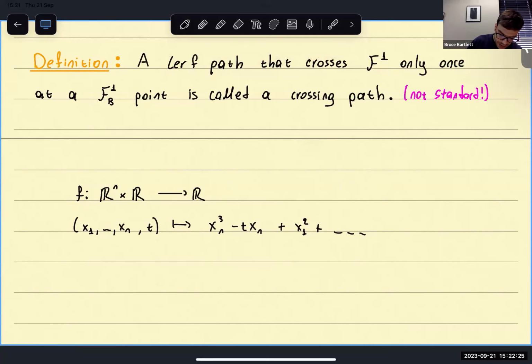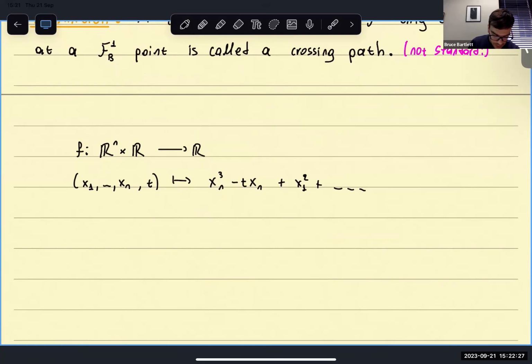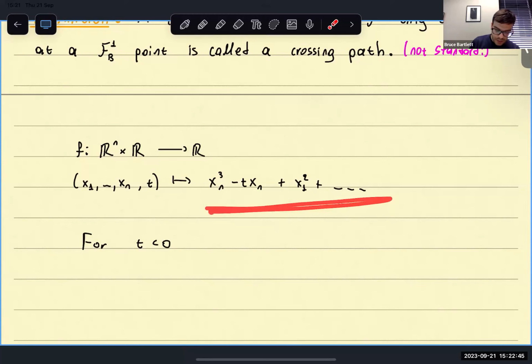So what's going to happen is that for t less than 0, this map has no critical points.